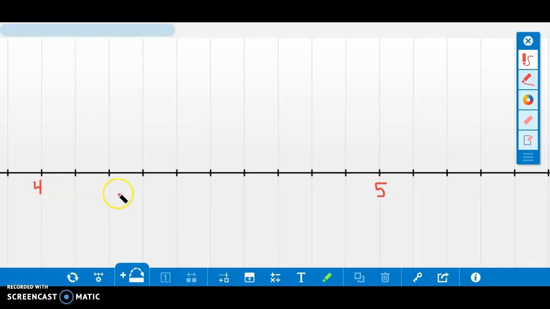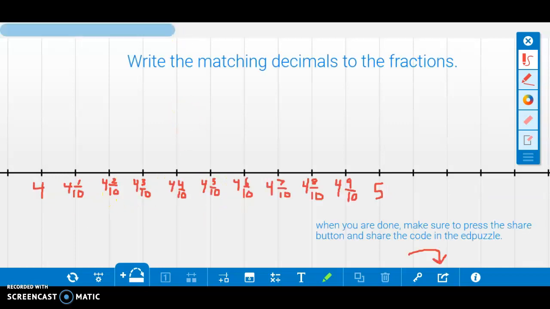And because there are 10, again, I have 10 pieces before I get to 5. So, what you are going to do right now is you are going to write the matching decimals to this fraction.